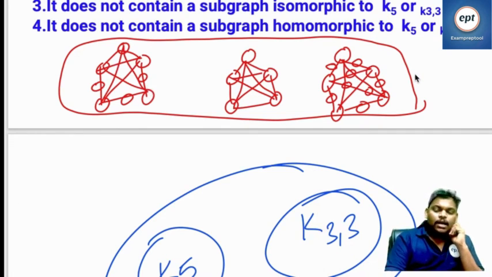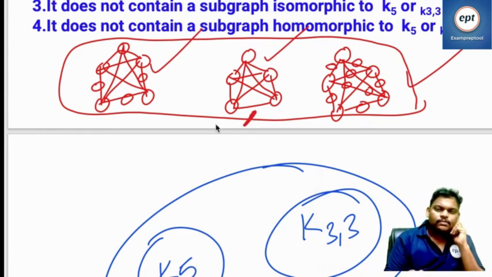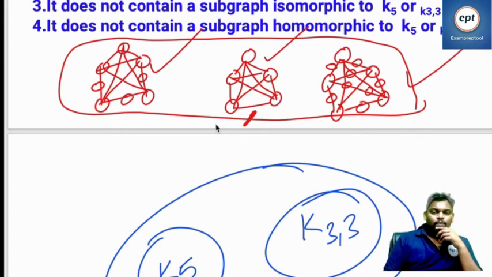See this one, these all are homomorphic, but the isomorphic is only this. Homomorphic is a superset, and isomorphic is a subset.